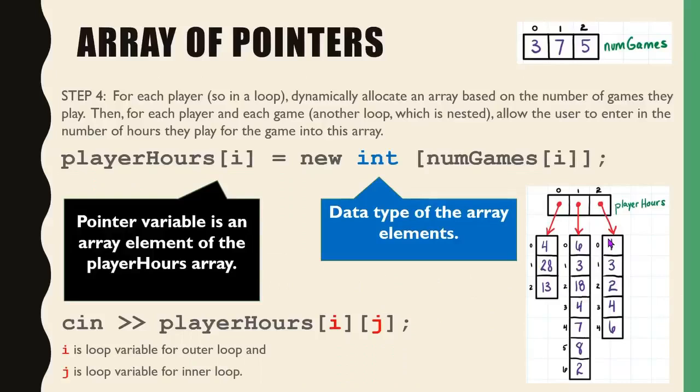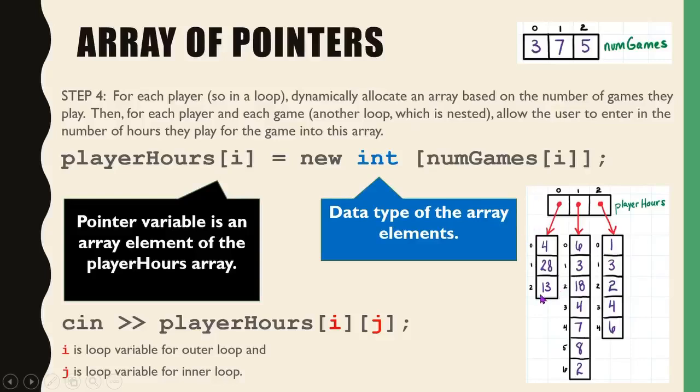Once you have the array of pointers, you then get the number of games of how many games each player plays. Then, after you do that, you can, in a loop, dynamically allocate these arrays of integers.